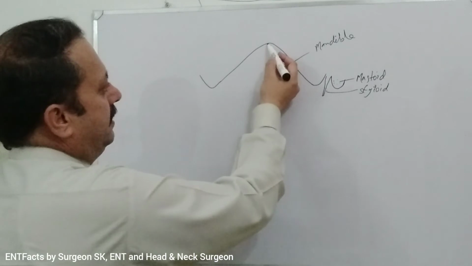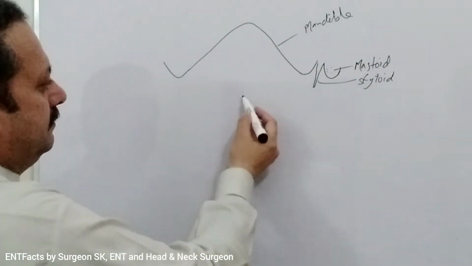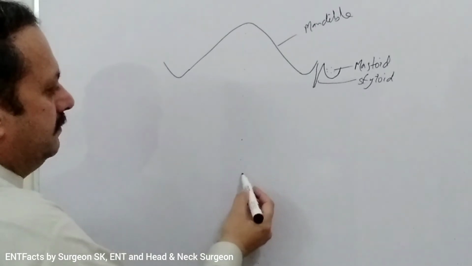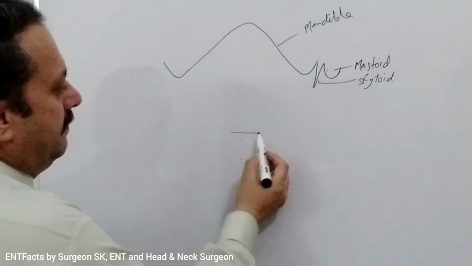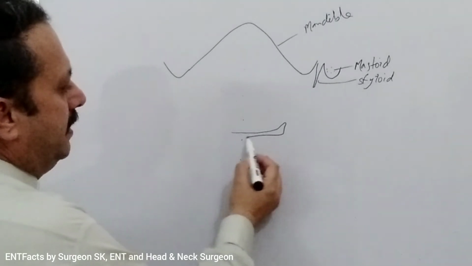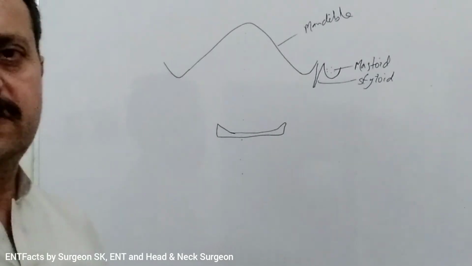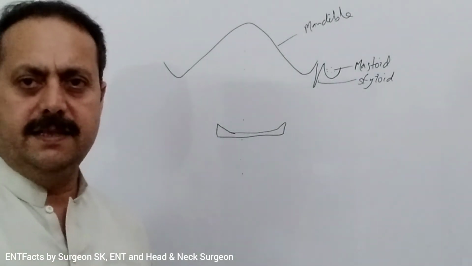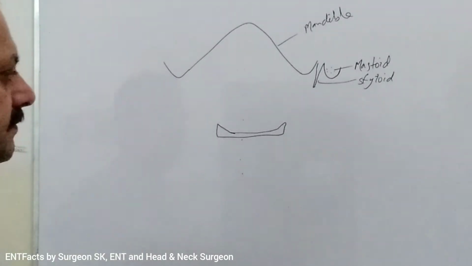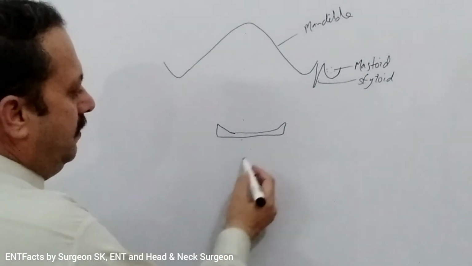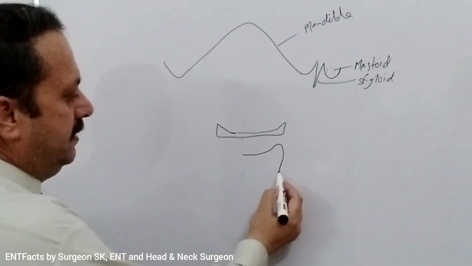Now this is midline. Here lies the hyoid bone. This is a bone which lies freely in the neck, suspended by muscles of the neck. Below the hyoid bone is the thyroid cartilage.